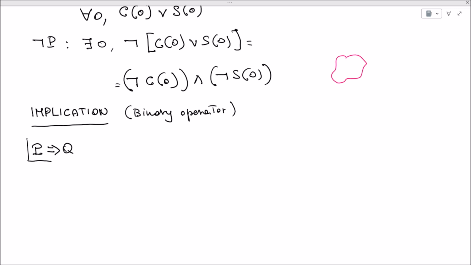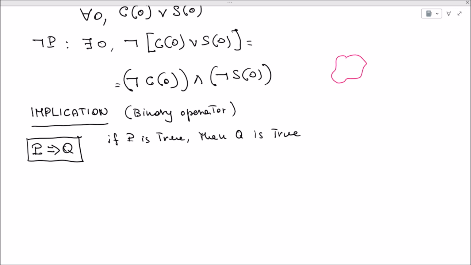Okay, so this is the new proposition, which represents the fact that whenever P is true, then Q must be true. So in other terms, we can say that the fact that P is true is a sufficient condition to deduce that Q is true.